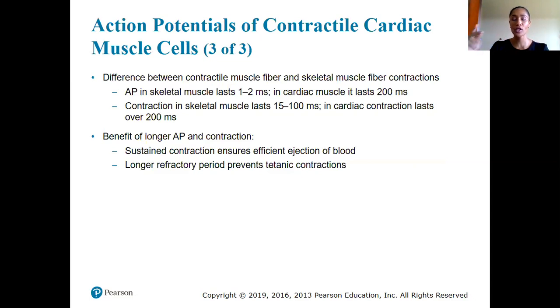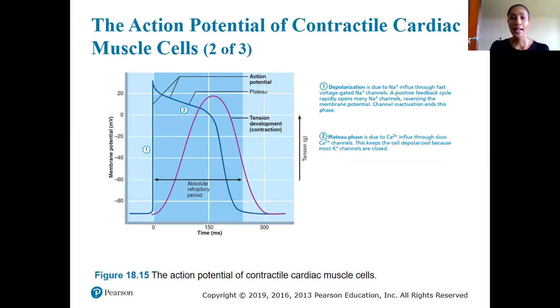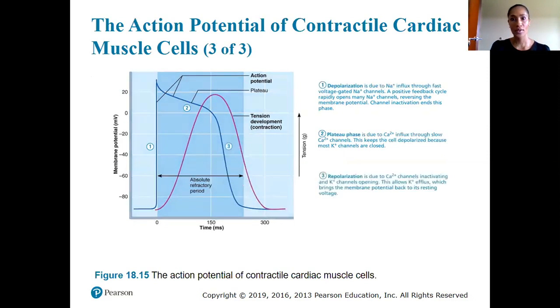Because if the heart were contracting so fast, we'd have less volume of blood pumping through the systemic and pulmonary circuits, which means not adequate amounts of oxygen. And of course, we know if we don't have adequate oxygen flowing through our body, then all other types of complications will occur.